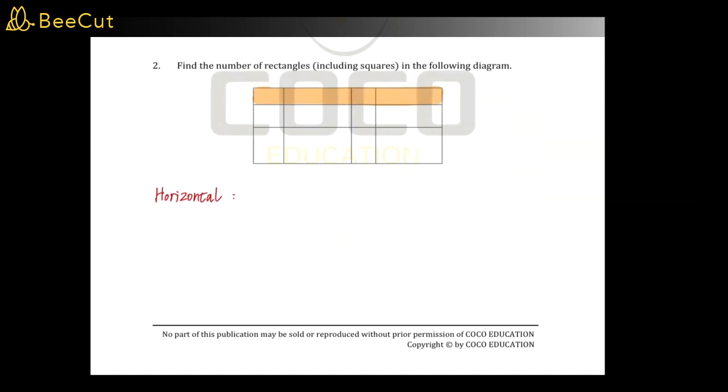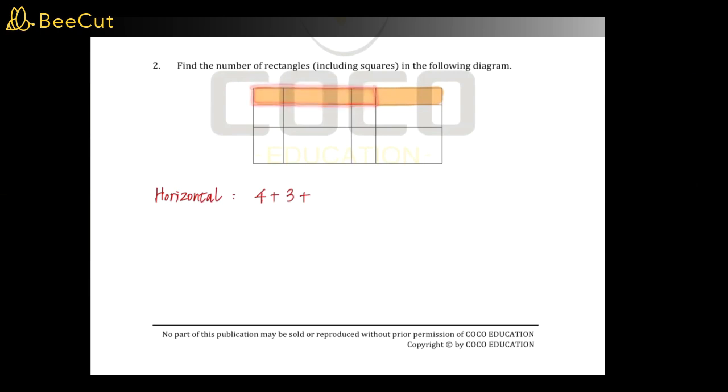If you check the small rectangle, there's 1, 2, 3, 4 of them. Those rectangles consist of two regions. There's 1, 2, and 3. Then those consist of three regions.